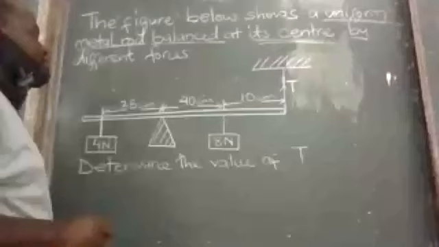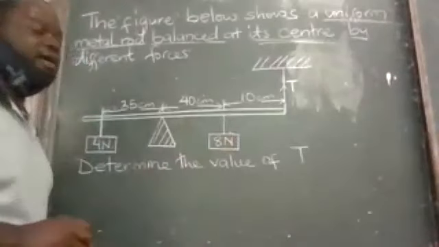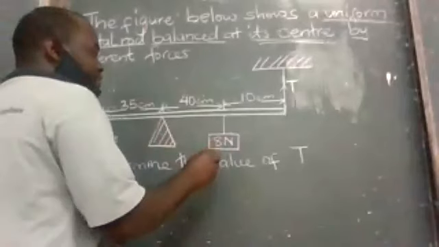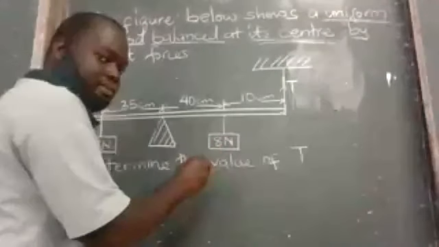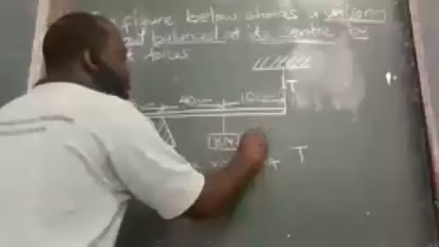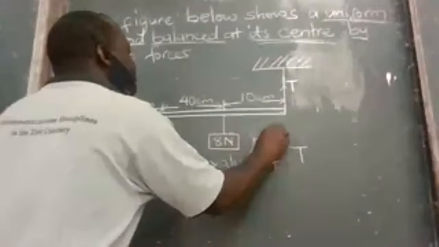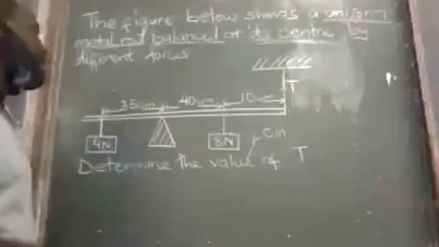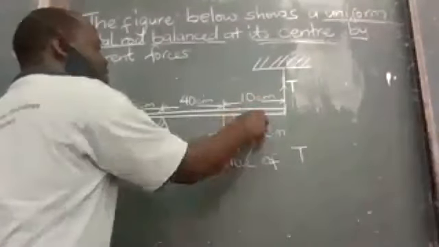So I'll start with 8 newtons. 8 newtons is likely to turn this body in which direction? Clockwise. This is a clockwise direction, to give us a clockwise moment. We come to T. T is likely to turn this body in which direction?